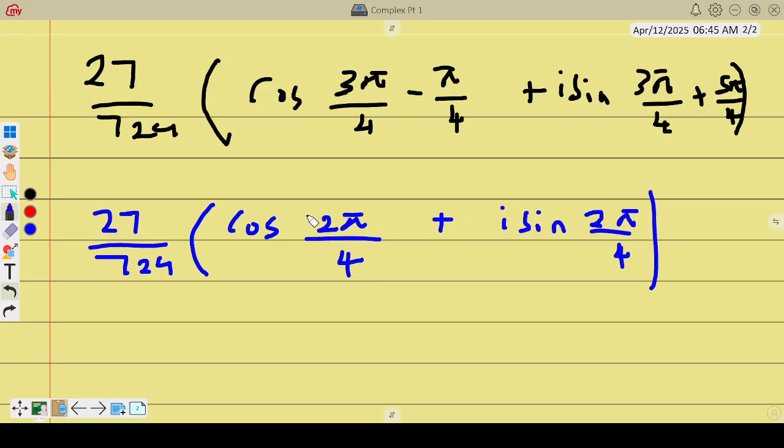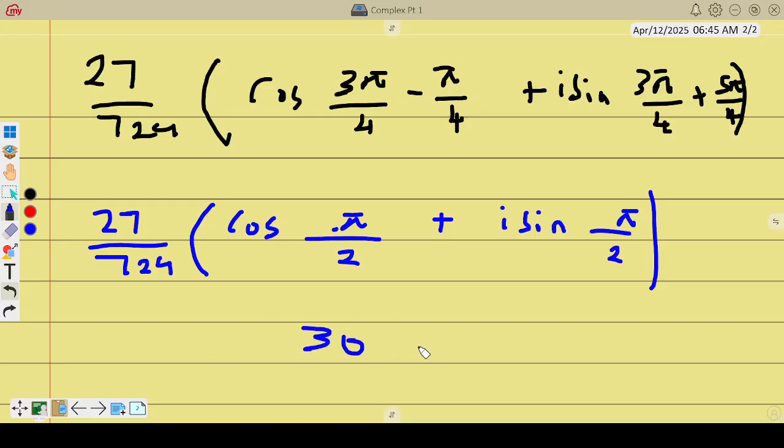So here simply means we have 1 over 2. So let us simplify. So this will be 1 over 2, 1 over 2. And then from here this will be cos pi over 2, sine pi over 2.